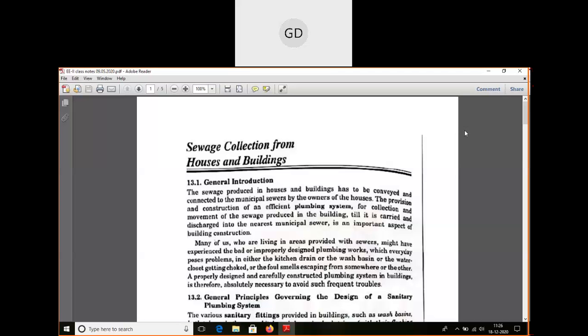So while designing a building or a house, you have to see that the provision and construction of an efficient plumbing system is provided.